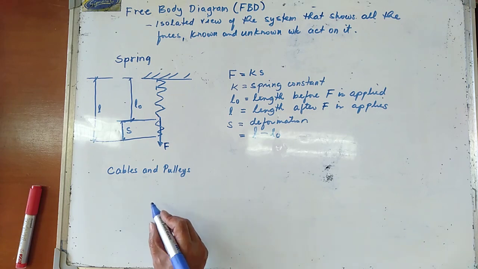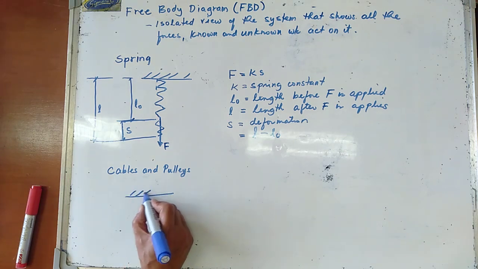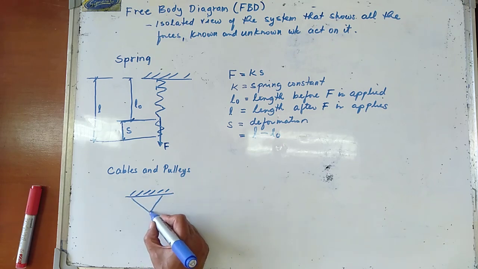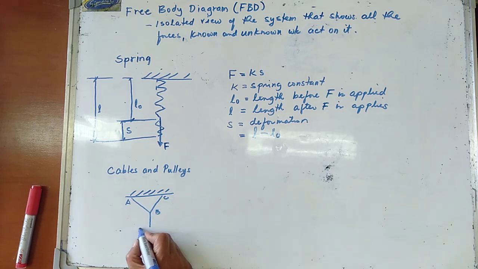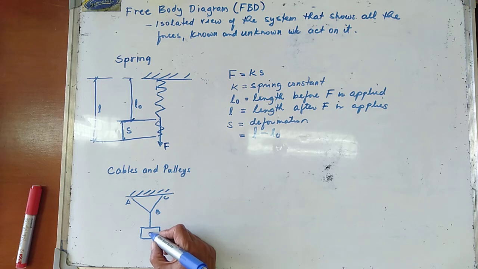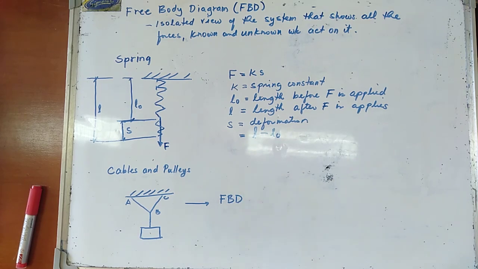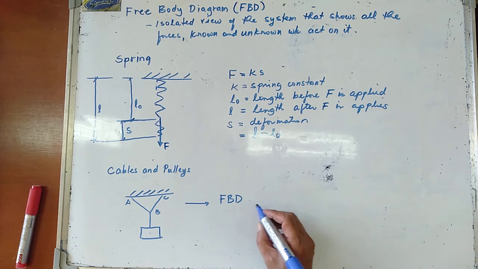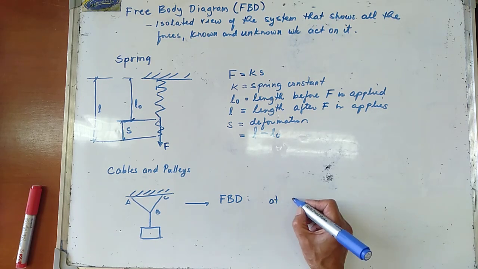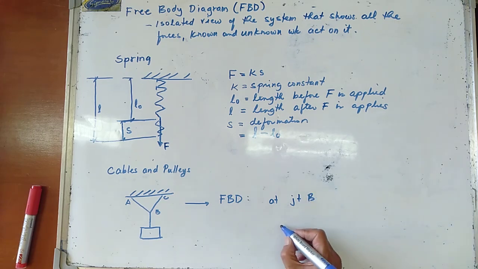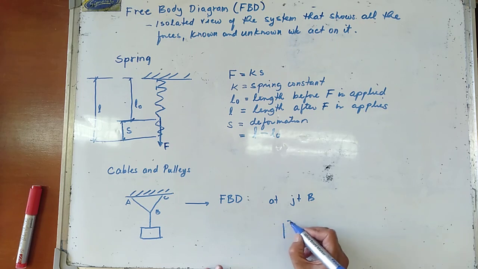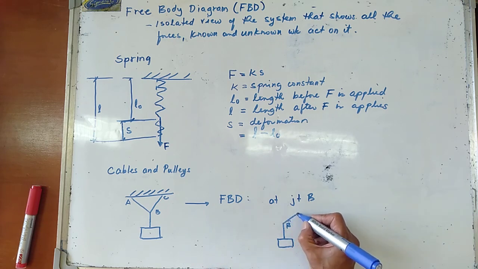Now, if I were going to have this one in here, we have a cable, so this is your A, we now have B, and that one is C. This is a load, W. If you try to get the free body diagram of this cable, use joint B. So this is now your joint B. We have the load, and we now have your BC.